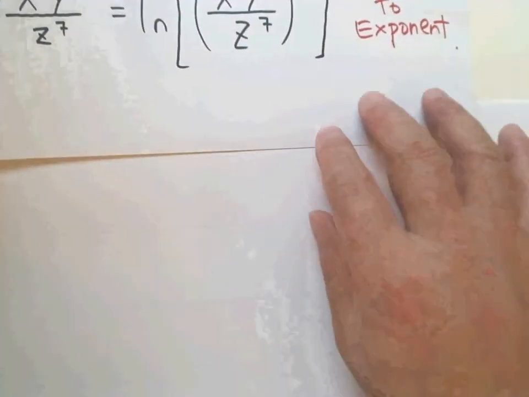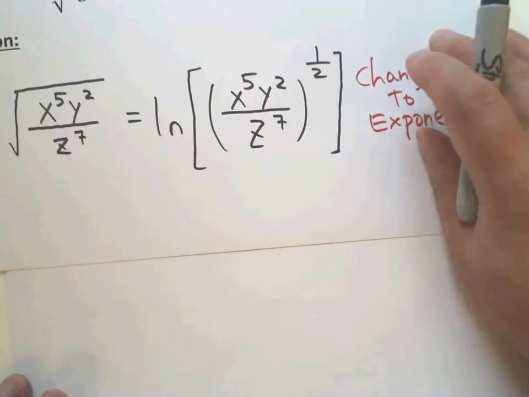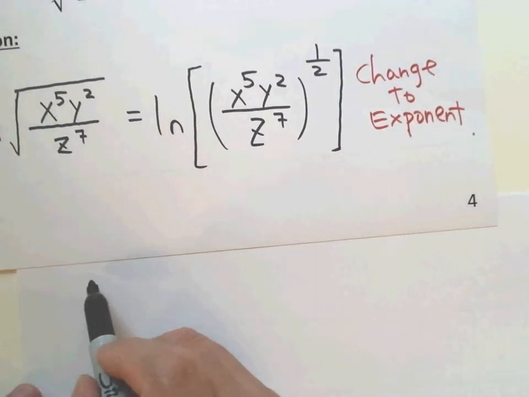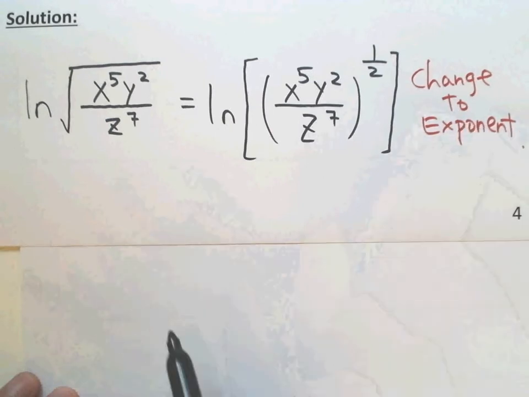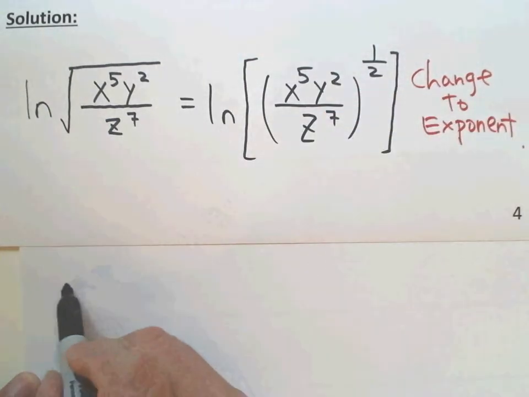So now let me copy to here. After I copy, what do we get? We should get like this. So after the copy, this is 1/2 laid down, right?